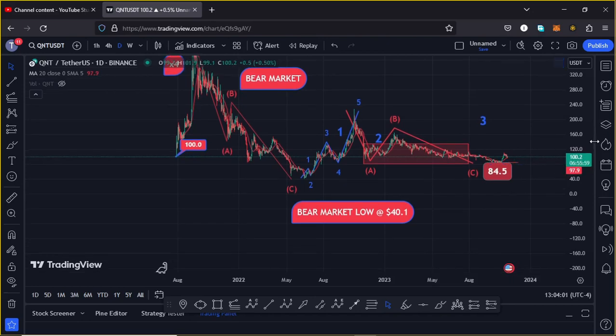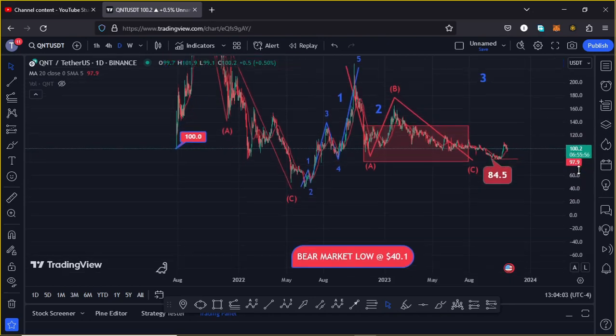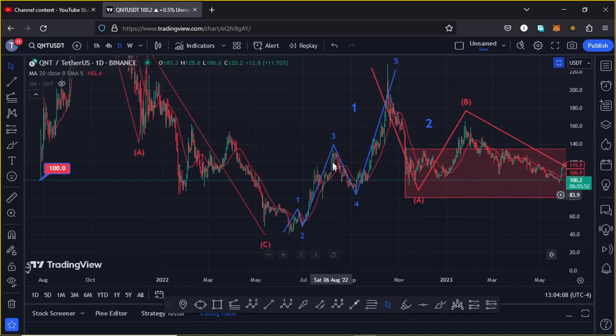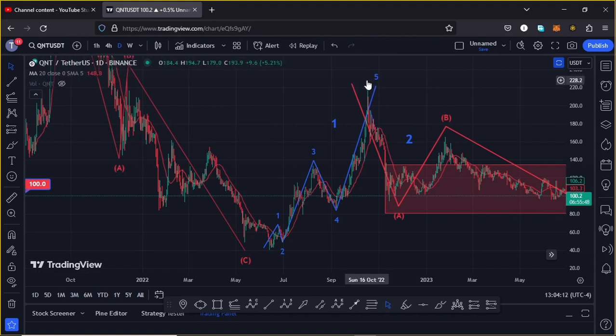And after seeing the bear market low, we continued to obey the Elliott structures, where you can see that we first peaked in a 5-wave structure over here, having the wave 5 giving us a high above the $229 mark, completing the formation of this larger Elliott wave count 1.